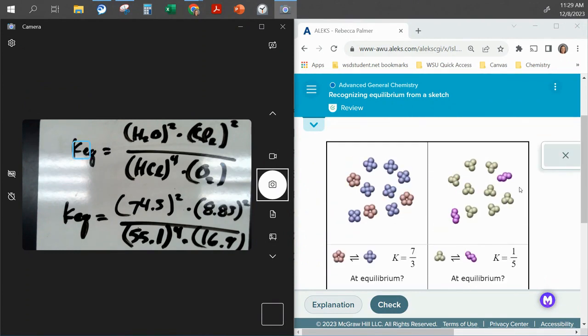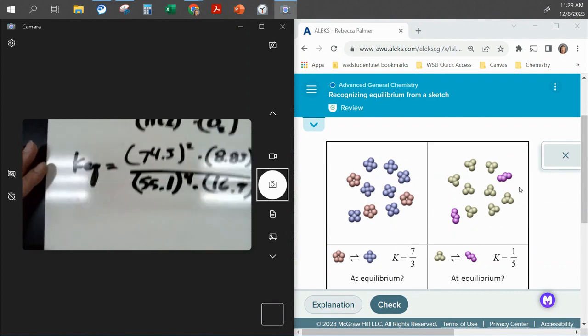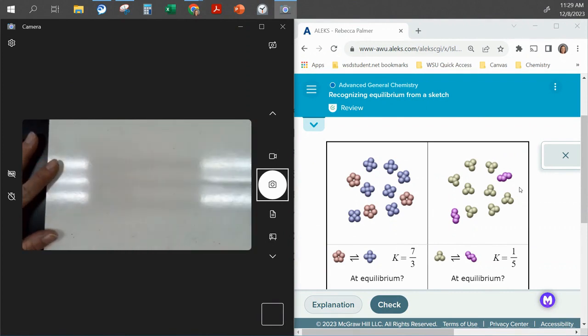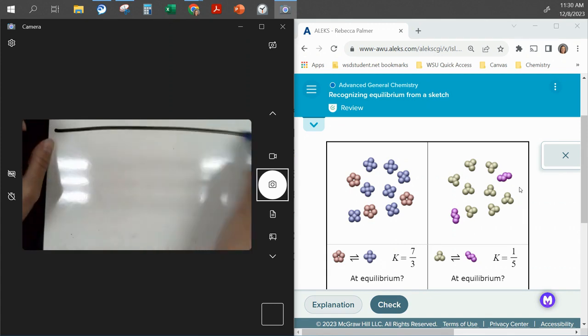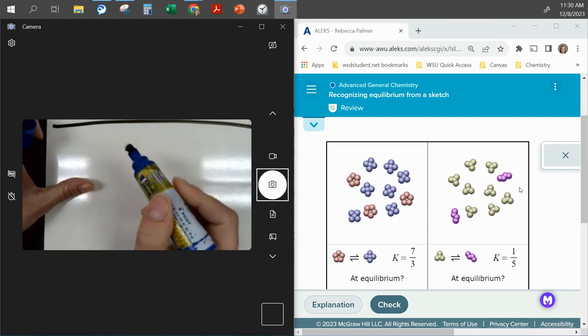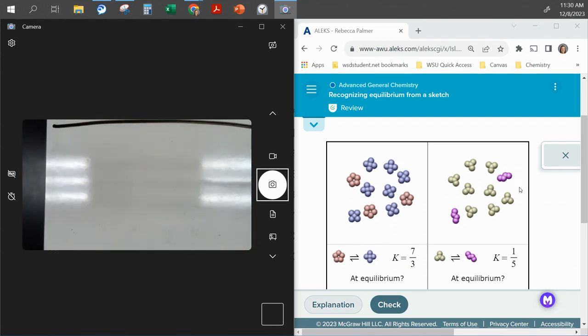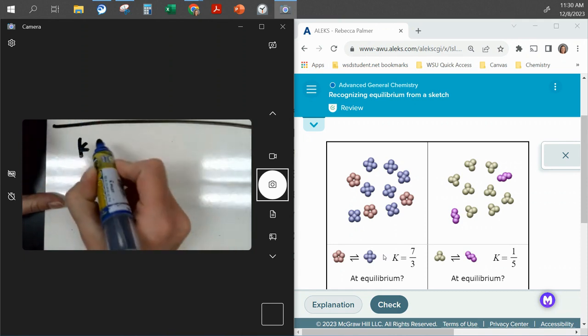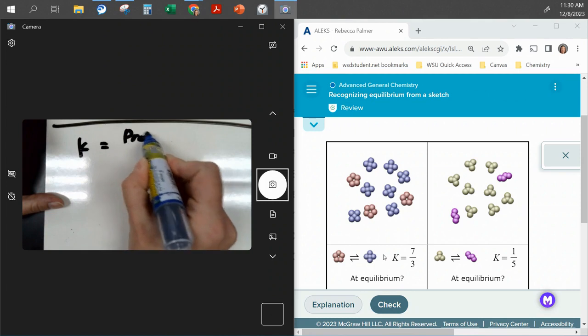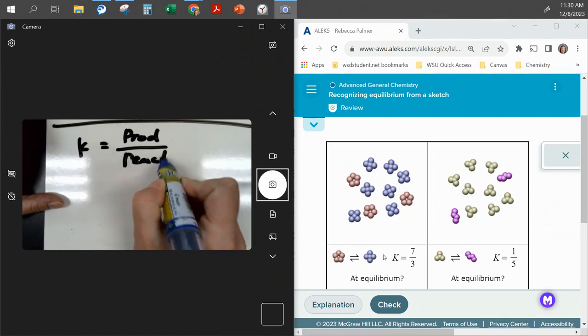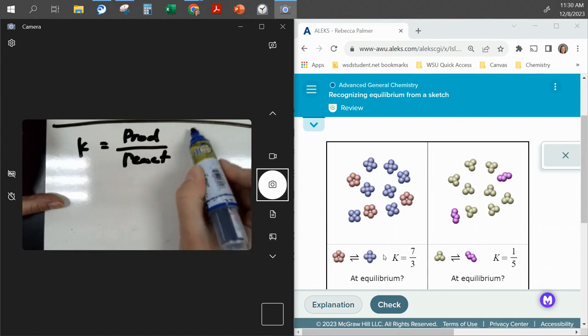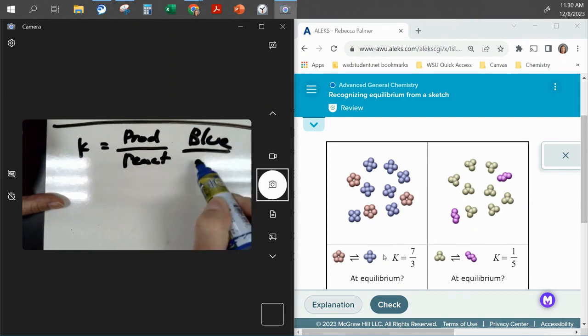Okay, so this is a picture of our reaction. We have this little microscopic window where we're looking at these reactants. This is telling us that the red thing is a reactant, and the blue thing is a product. So when we write our equilibrium expression, we need our products over our reactants. And here our product is the blue thing, and our red thing is the reactant.